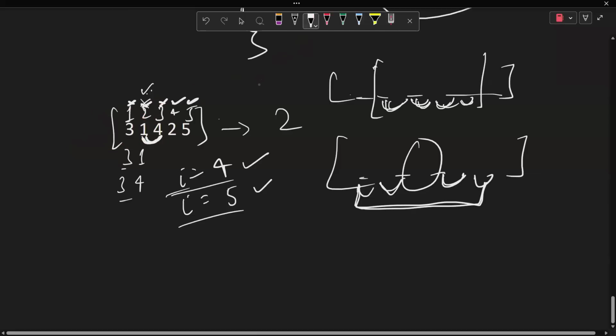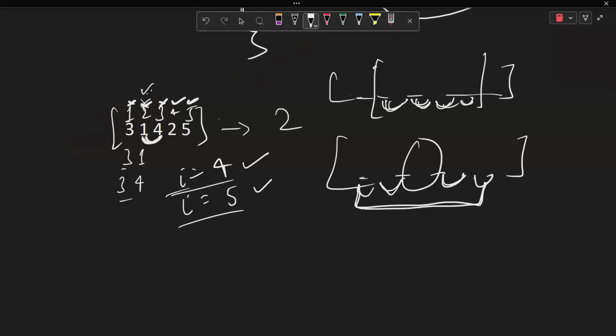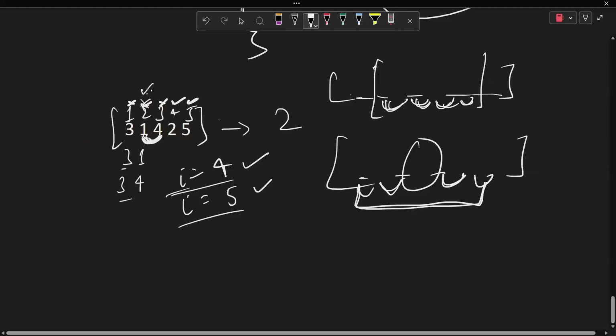So we can check if we are swapping these two numbers and this is changing from a cross to a tick, then we would store a plus one at this index. This index can be made a plus one by performing an operation for this pair. That's a thing that we can do.